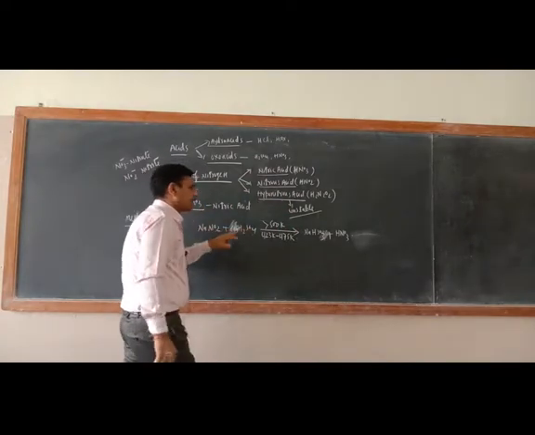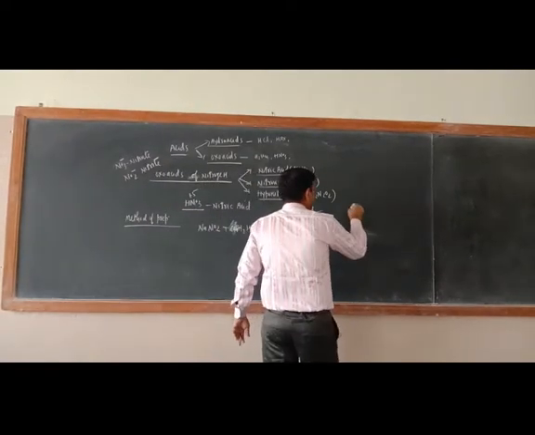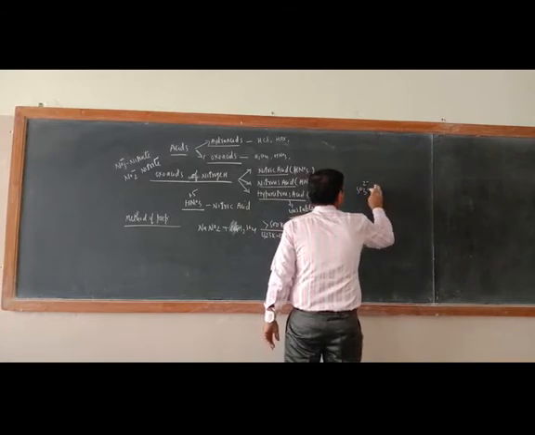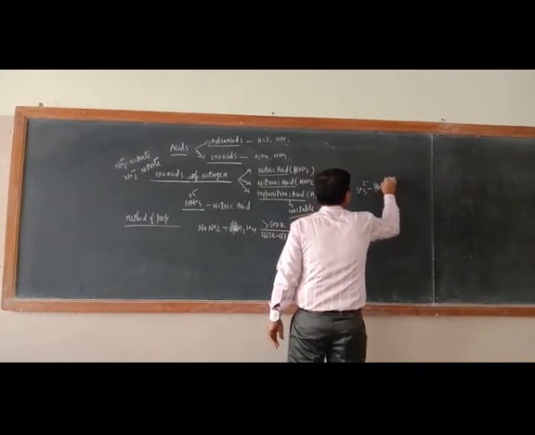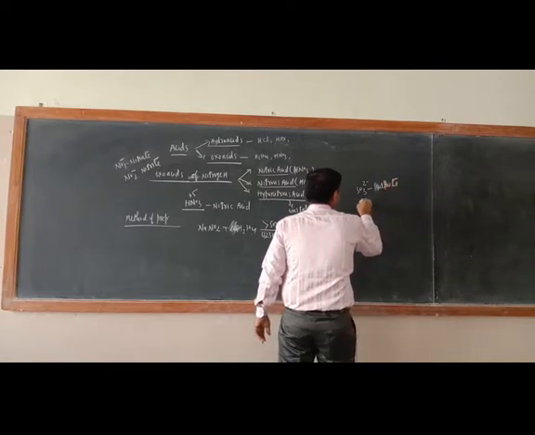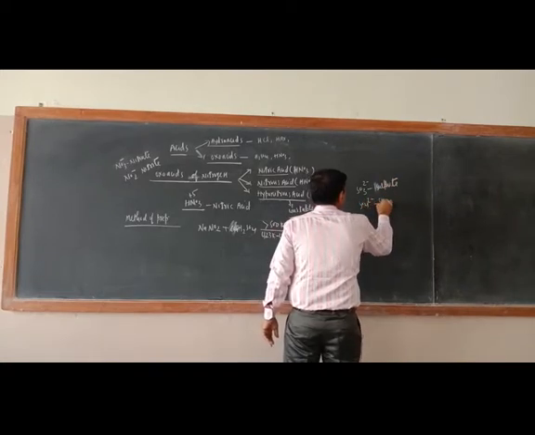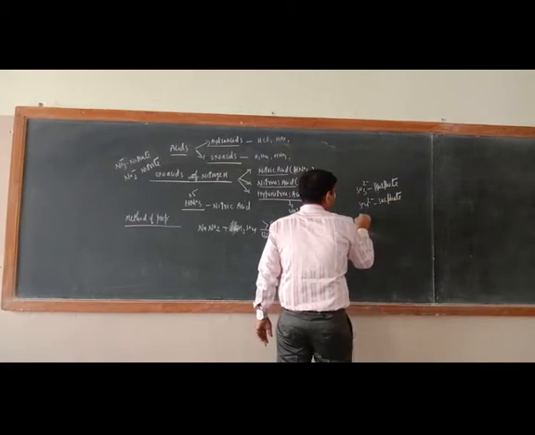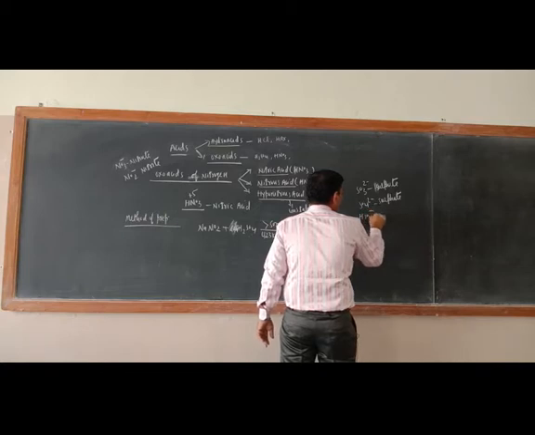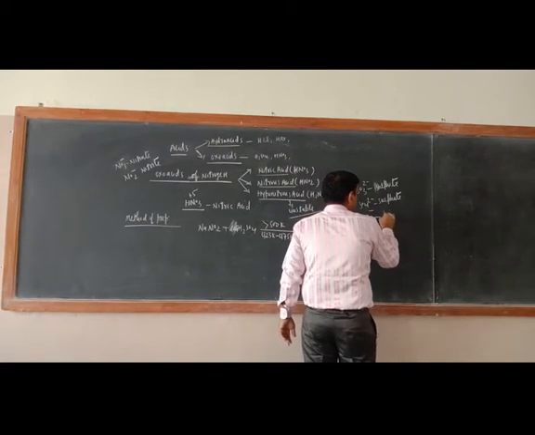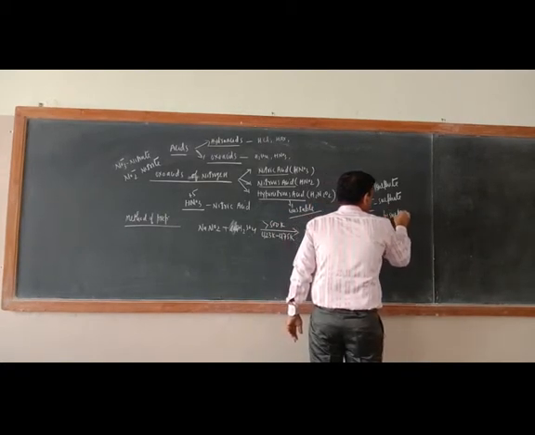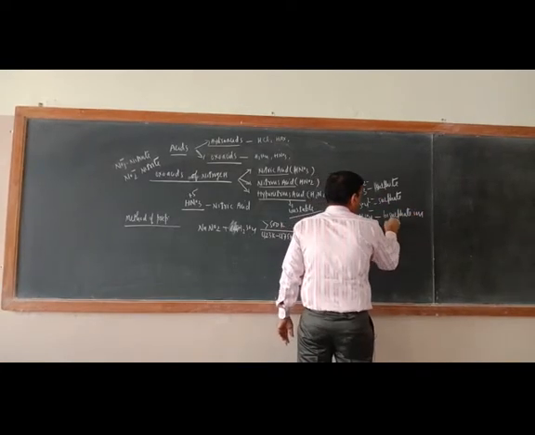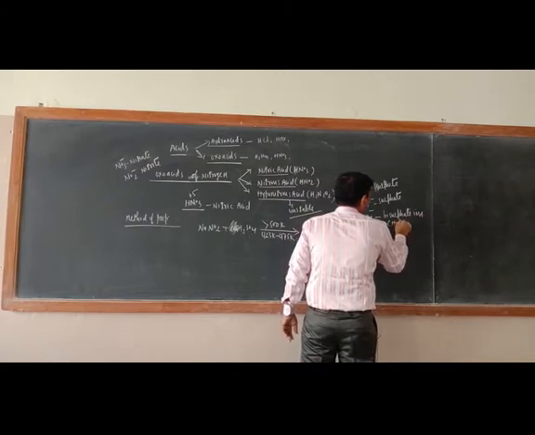Just remember this one. SO3 2 negative, what is this one? Sulfite. SO4 2 negative, what is this one? Sulfate ion. What about this one? HSO4 single negative. This is bisulfate ion, also known as hydrogen sulfate.